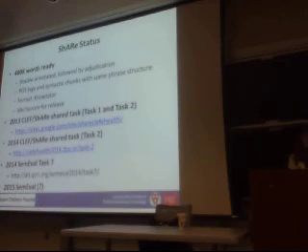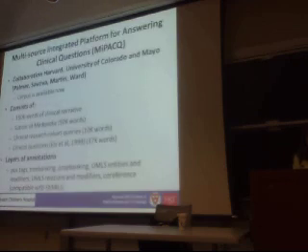This year, the 2014 SemEval Task 7 actually uses the corpus. So if you want to enroll and participate in Task 7, that's what you're going to get. We are also submitting a proposal for 2015 SemEval around the same corpus. So if you're part of Task 7, you will get the corpus and the annotations.